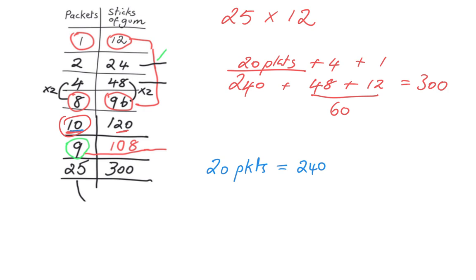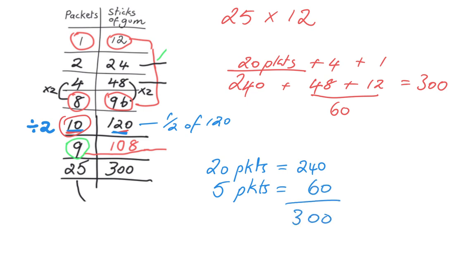So if our 10 is 120, then 5 packets is half of 120. So there's our 5 packets, half of 120, which is 60, which gives us our 300.